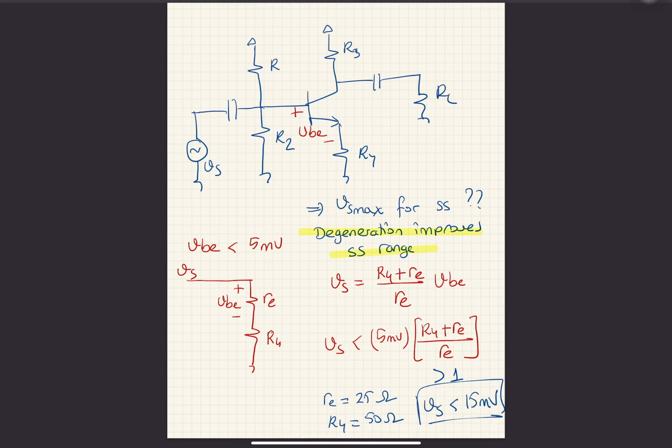When you decrease the gain, it becomes more linear. So that's what happens in here. Common emitter with degeneration. Degeneration decreases the gain, so the linearity should be improved. So your small signal range increases. When you take out this degeneration, gain increases, but then you sacrifice from the linearity or the small signal range.